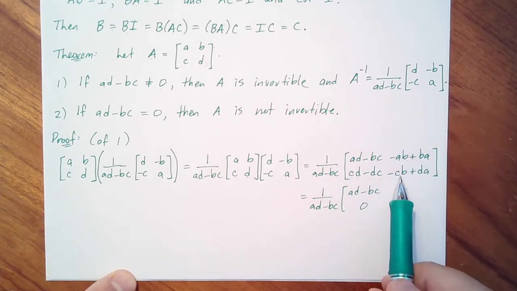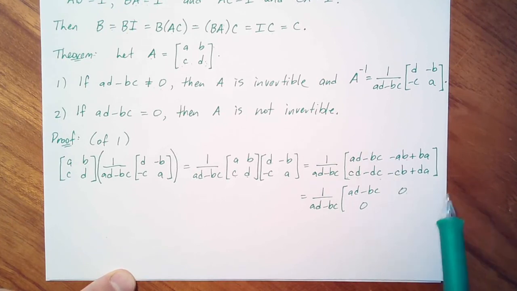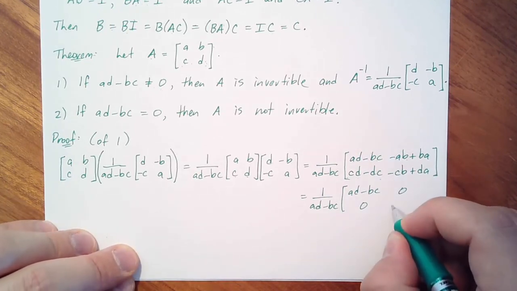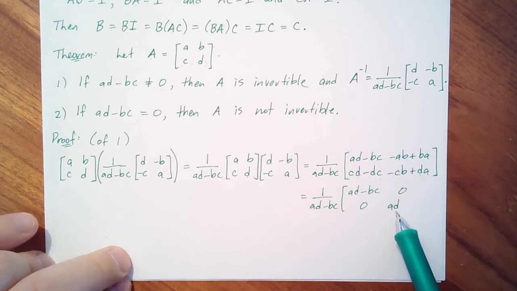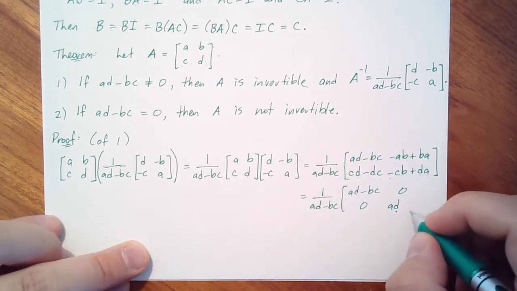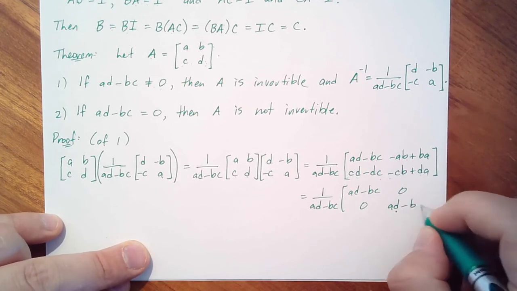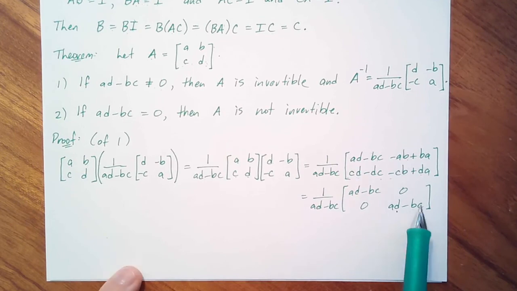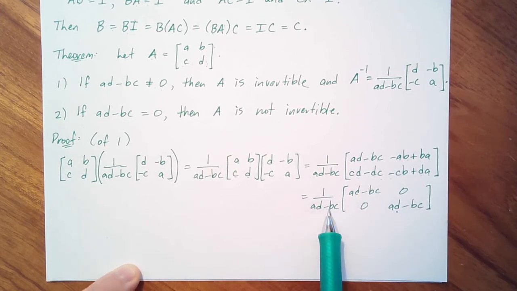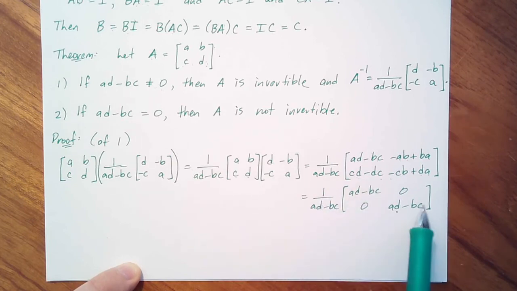And then last, down here we have negative CB plus DA. If I rewrite the DA term as AD, and the negative CB term as minus BC, why am I doing that? Just to make it more evident that this quantity is the same as this quantity. If I had a 3 here and I multiply by 1 over 3, I'd just turn it into a 1. Same with down here.